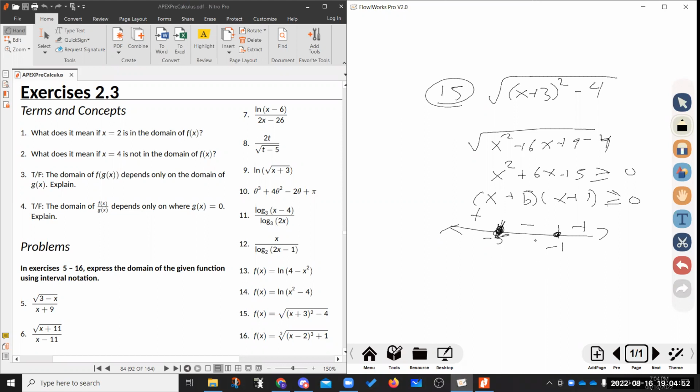And we want what is greater than or equal to 0. So we're over here and we're over here. -infinity to -5. It's a closed bracket. Union -1 to infinity, like that.